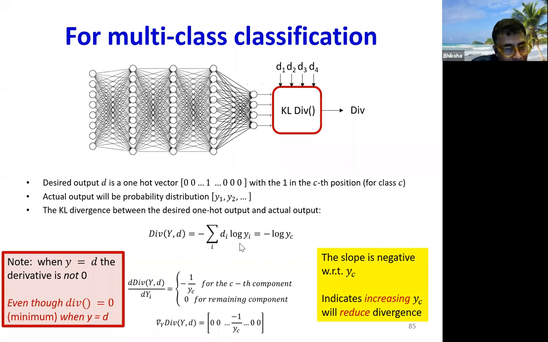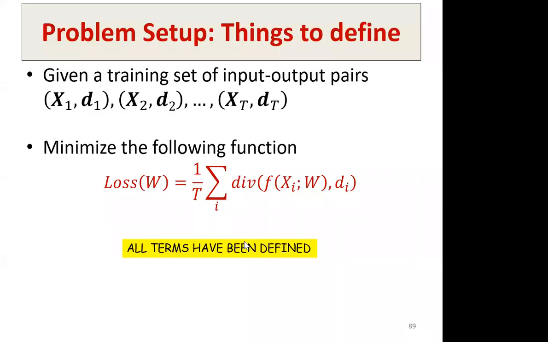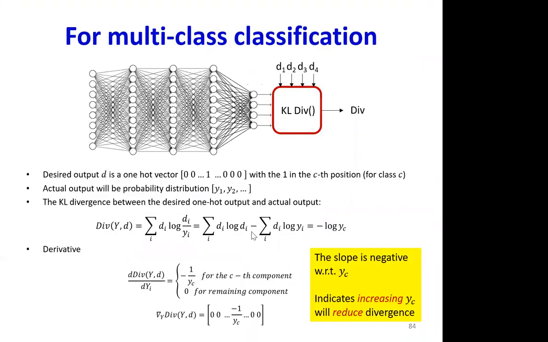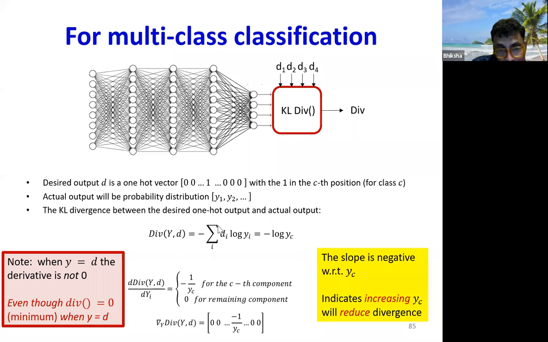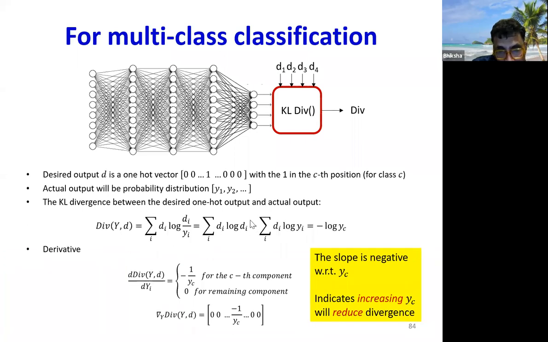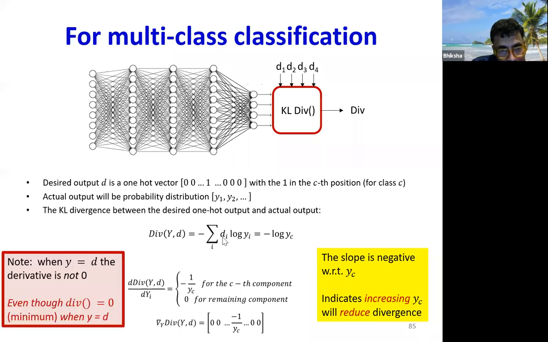I'll have to fix it. Can you post it on Piazza? I'll fix it. Good catch. It should have been this. You cannot ignore this term. For one hot representations, you can ignore it because di log di is always going to be zero. Either log di is going to be zero or di is going to be zero. So this is correct for one hot representations. But there is a slide on label smoothing where this formula would be wrong.